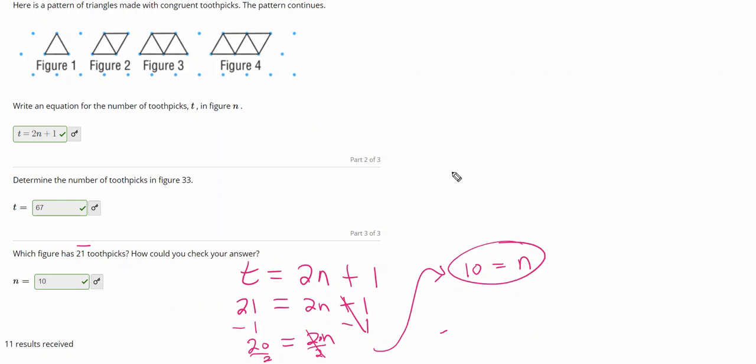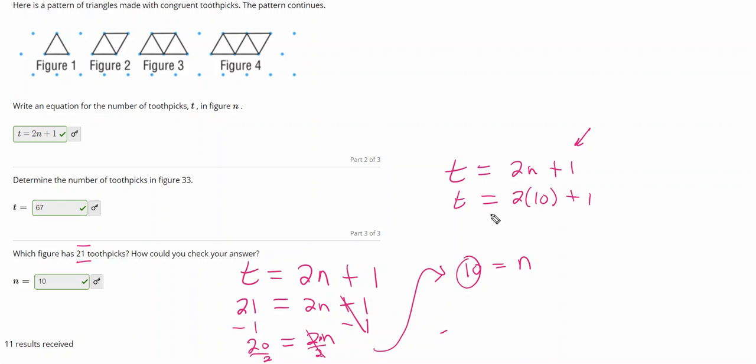Yes, we can put it into the equation again: t is equal to 2n plus 1, just the equation that we had. Then we put 10 in place of n and see if we actually get 21 out. So 2 times 10 plus 1 is 20 plus 1, so t is in fact equal to 21.